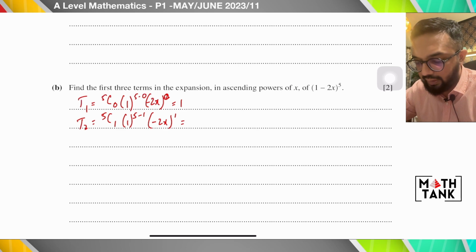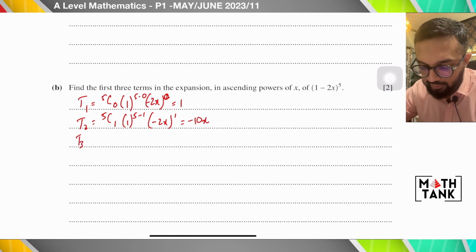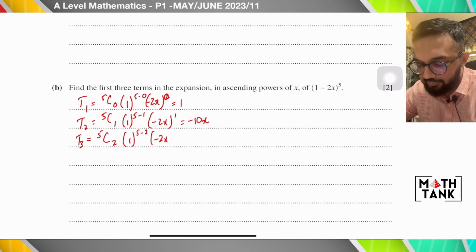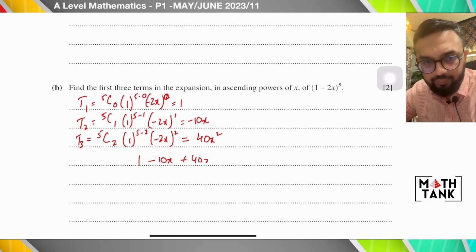That gives me 5 into minus 2x, which is minus 10x. And term number 3, 5C2, 1 to the power 5 minus 2, minus 2x to the power 2. So that's 4 into 10, 40. With a plus, yes. 1 minus 10x plus 40x squared.